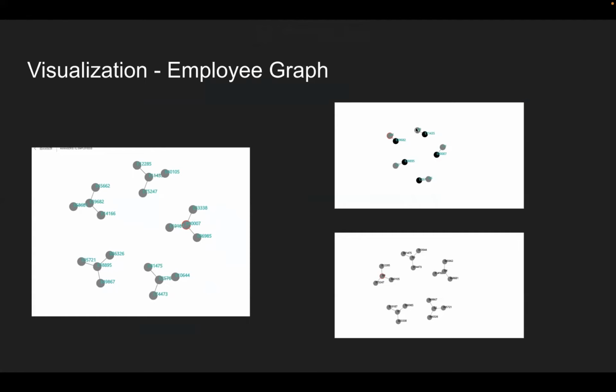The top one is the group ID to the manager ID, so we can see which manager is the leader of which group. The bottom one is the group ID to the employee ID, so we can see which employee belongs to which group. So basically, the left one is manager of, the right top one is leader of, and the bottom one is part of.